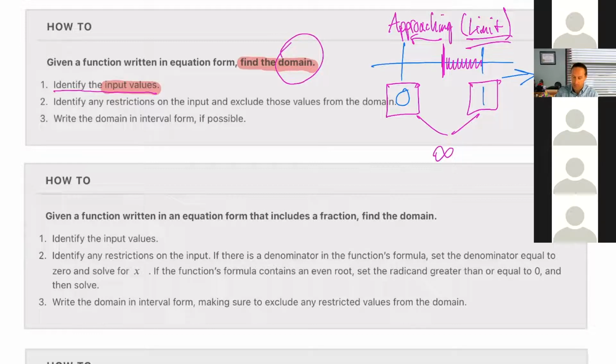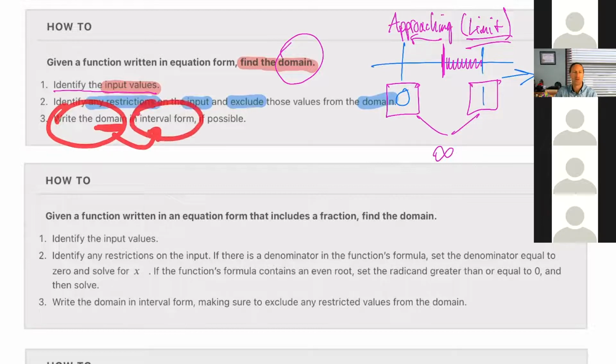What we're really going to strive for and try to find is any restrictions for our inputs that we would have to therefore exclude from the domain. Okay, and of course, what are they going to want us to put it in if we can? Write that domain, give me all those input values in what is called interval notation or interval form.